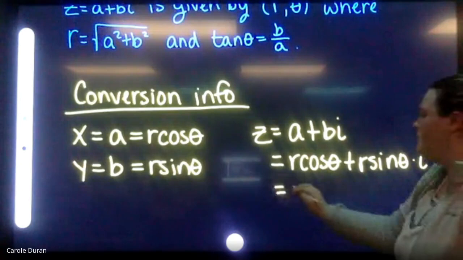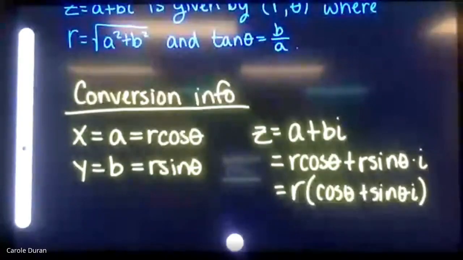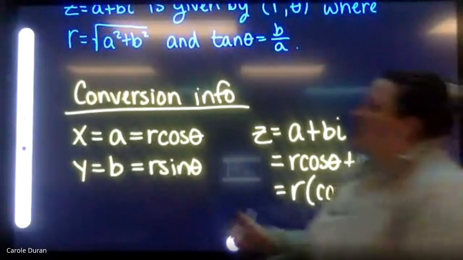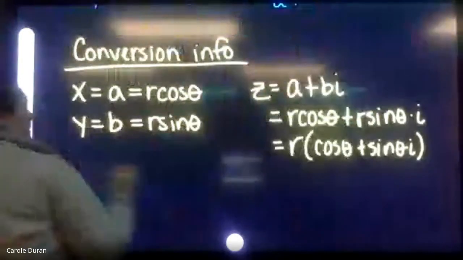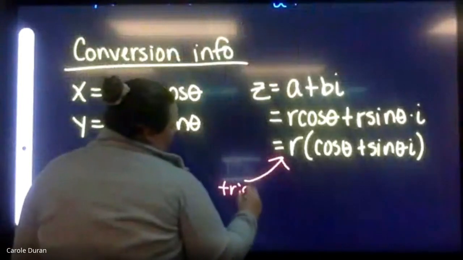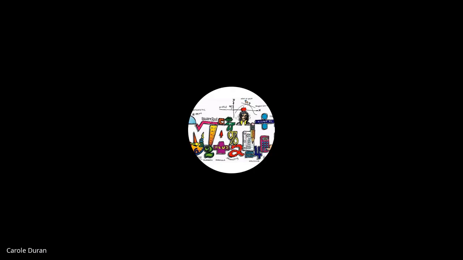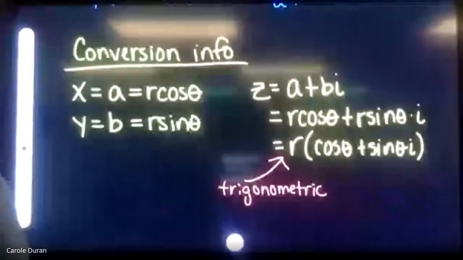And it becomes r times cosine theta plus sine theta i. And there's a special name for this form of a complex number, and it is the trigonometric form of a complex number. Trigonometric form. So by substituting in polar coordinate values for our rectangular coordinate values, we create a different form of a complex number.